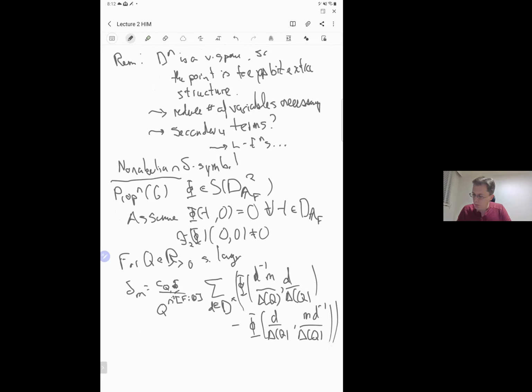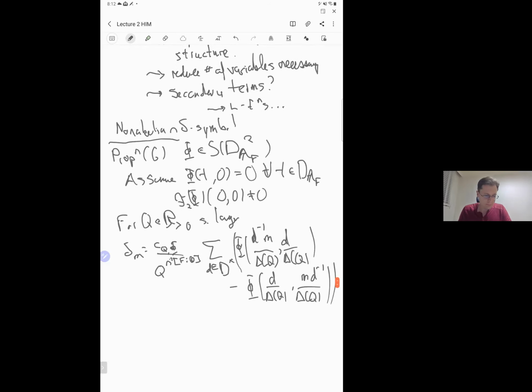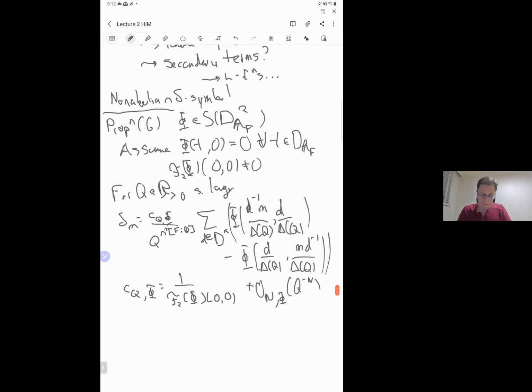Okay, now notice these variables do not commute, so it's important which order I take the d inverse and the m in this. And here c_q phi has the same form as before, O_n(phi q to the negative n).